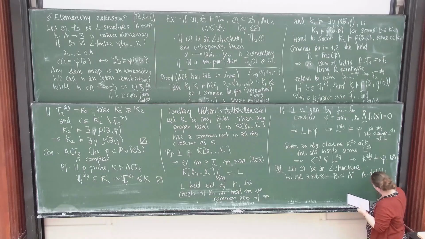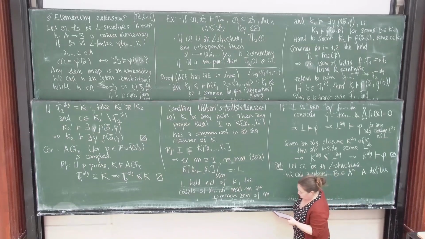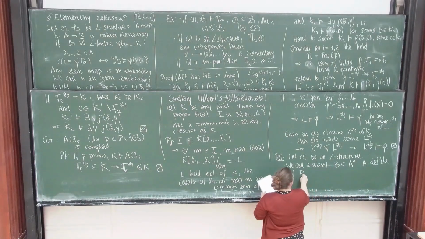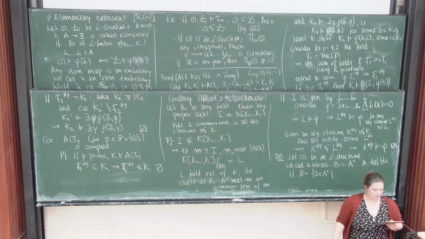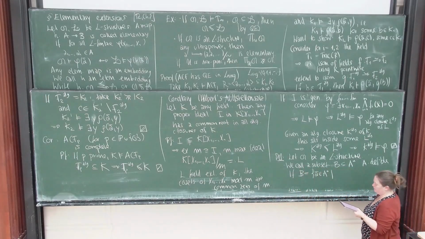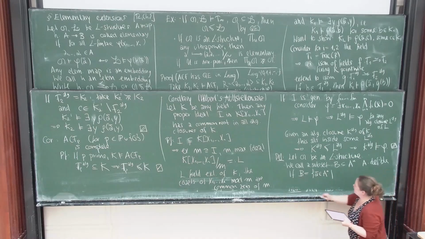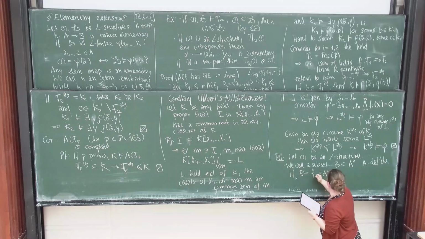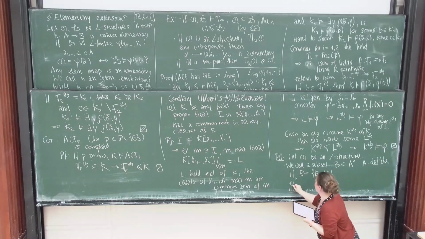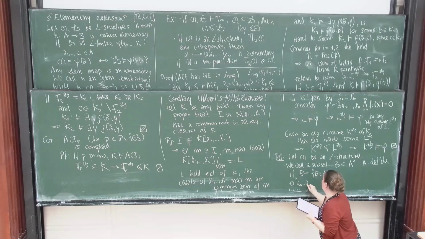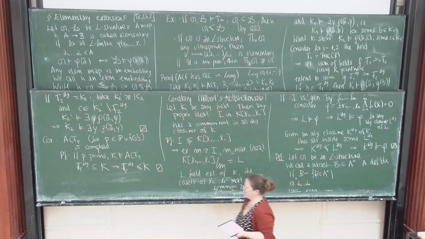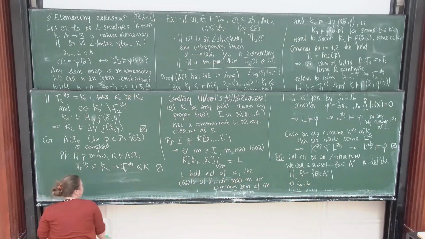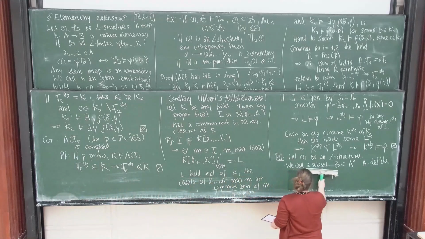So now I'm allowing parameters from A. If B is equal to all the tuples a bar from A to the n, well, maybe I should have said, if there exists a1 up to am. Sorry, I didn't write this down well. Let me regroup. I deviated from my notes. That's always a bad idea.